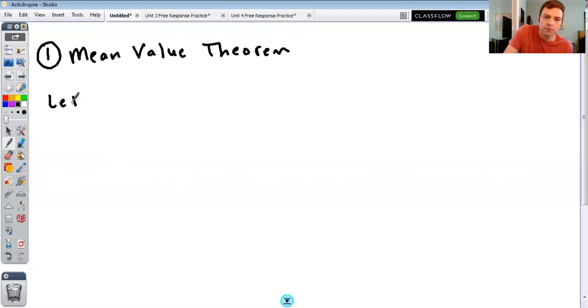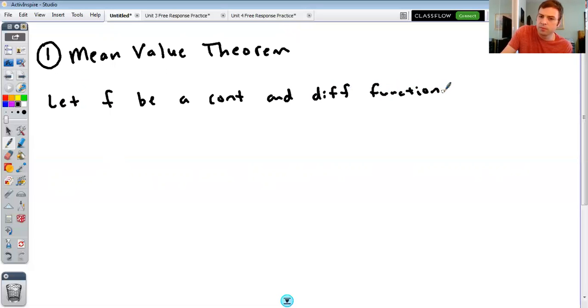So let f be a continuous and differentiable function on some interval. What must be true if it is? Let's say we have 2 points, x equals a and x equals b.